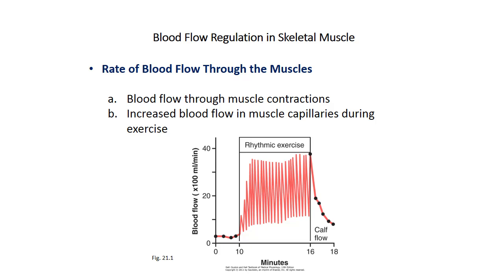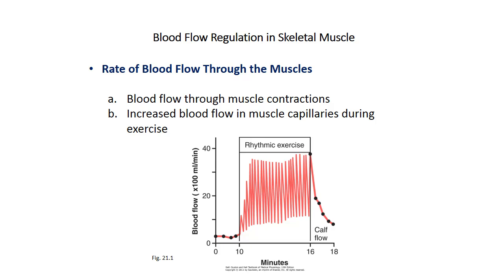You can see in this figure that when a volunteer started a rhythmic exercise, the blood flow increased. From minute 10 to minute 16, when the rhythmic exercise is done, the blood flow enhancement is seen. How does this blood flow increase?